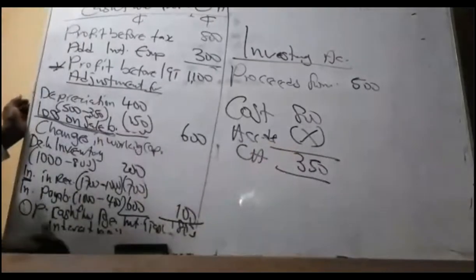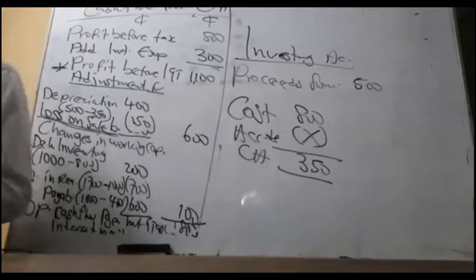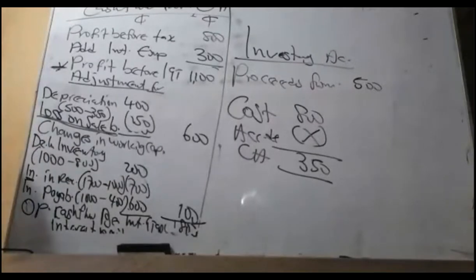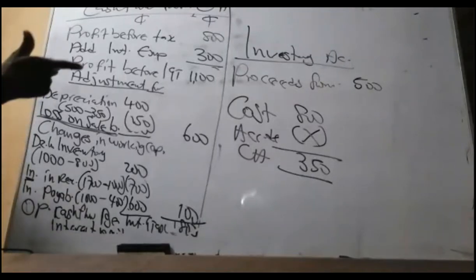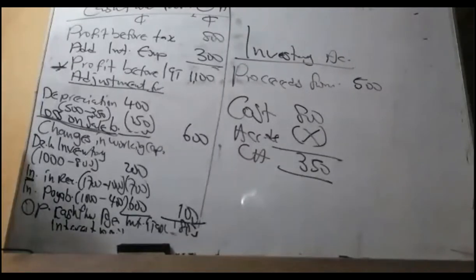So therefore, what is the accumulated depreciation? If you are looking for the accumulated depreciation of the disposed asset, that is the difference, and you are done. That is 450, right? Great. So you are going to use the cost to calculate the accumulated depreciation of the disposed asset.